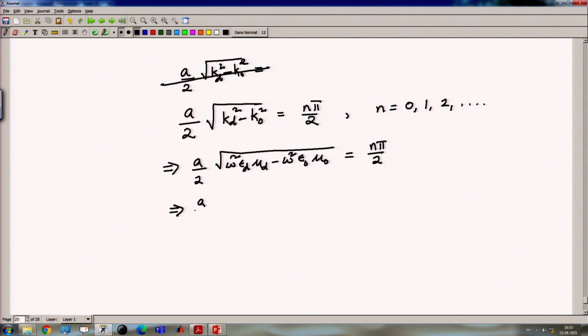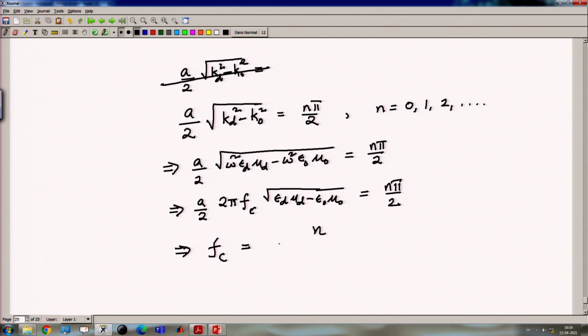Which can be written, replacing omega by twice pi f c, where f c is the cutoff frequency, as a by 2 root of twice pi f c root of epsilon d mu d minus epsilon naught mu naught equal to n pi by 2, which implies f c equal to n by twice a root of epsilon d mu d minus epsilon naught mu naught. Let us call this equation 33.